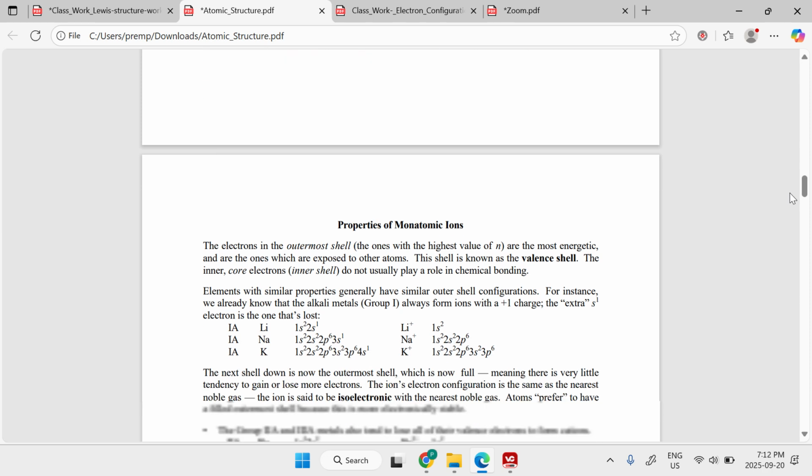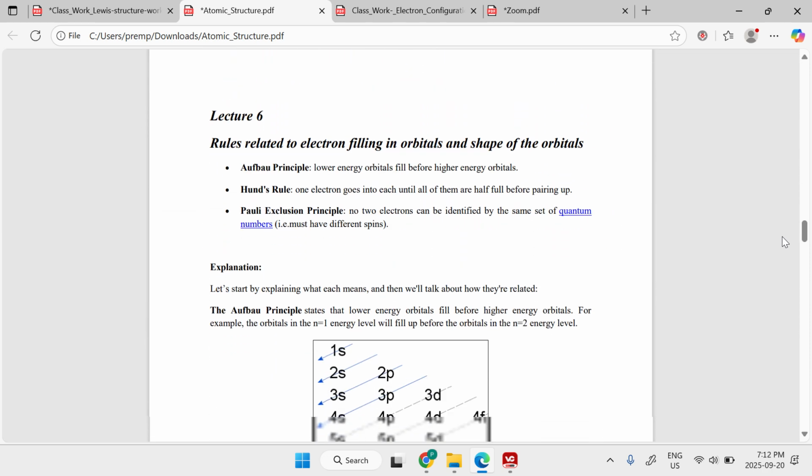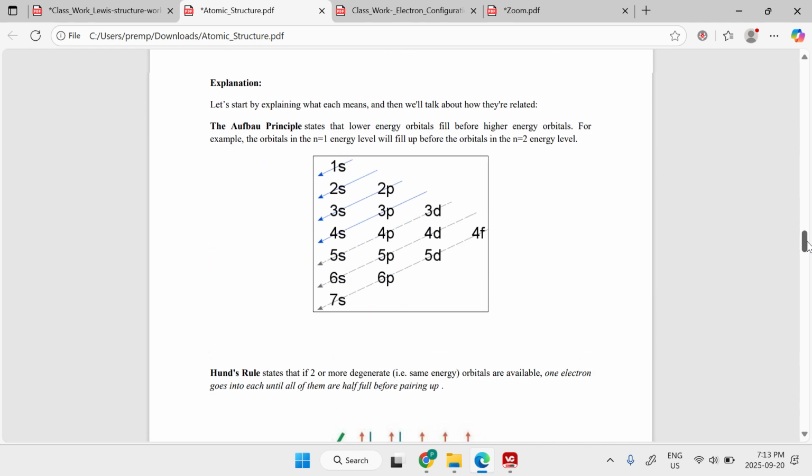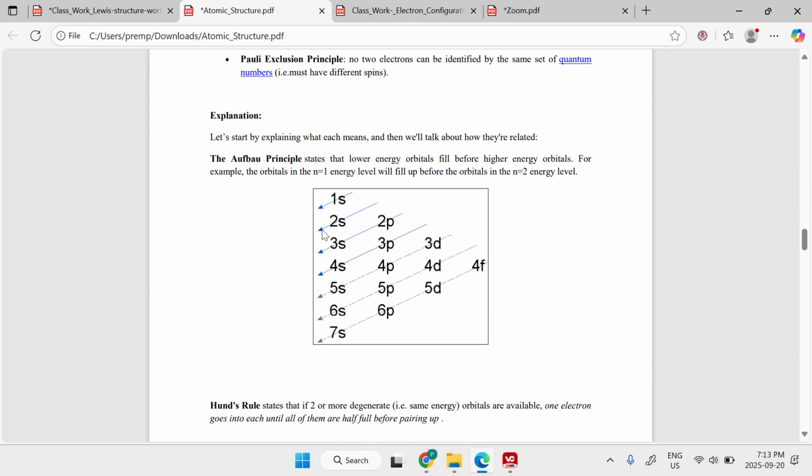Okay, second, let me look into some rules here. One is the Aufbau rule. It says that lower energy orbitals fill before higher energy levels. And this is the way our energy levels are organized: 1s, then 2s, then 2p, then 3s, then 3p.